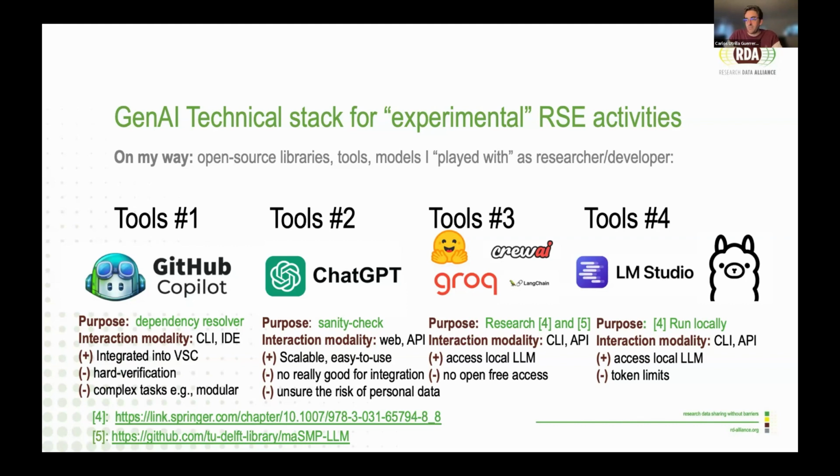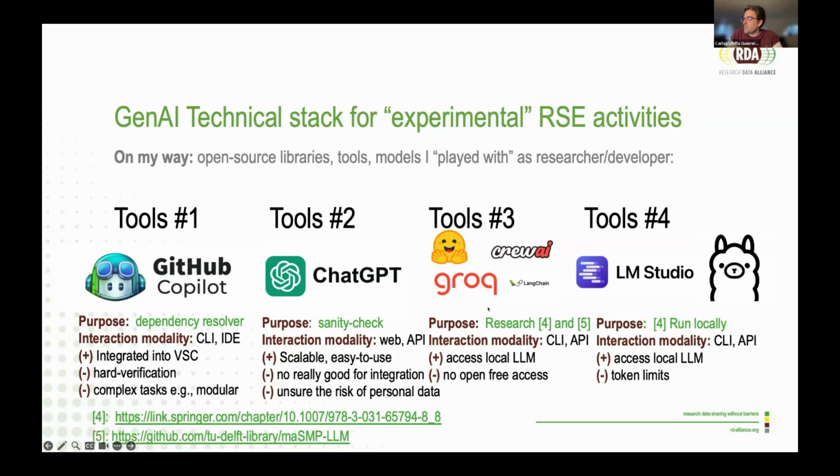Even if I ask some kind of high level or complex task for the model, it cannot guarantee the usefulness of, for example, modularity. The second tool that I use every day also is ChatGPT, mostly for sanity checks, fixing misspellings in my documentation, or some very high level use.